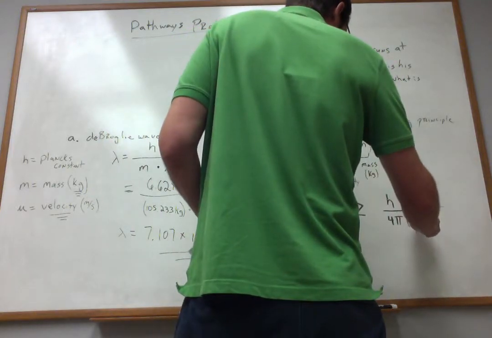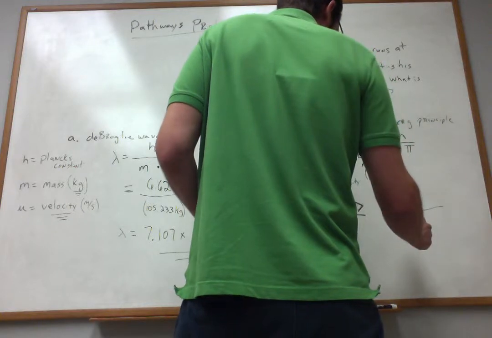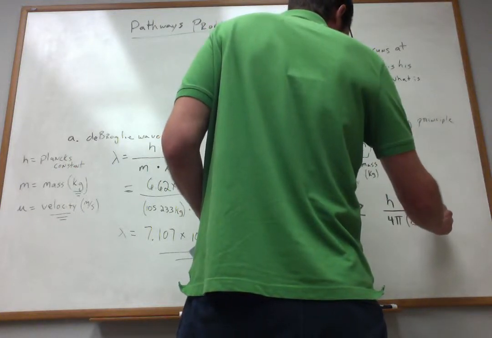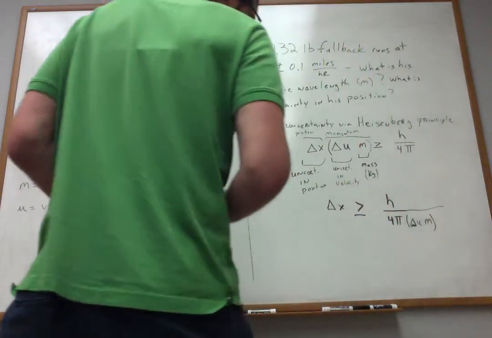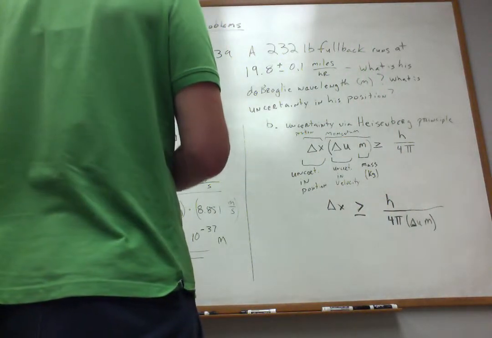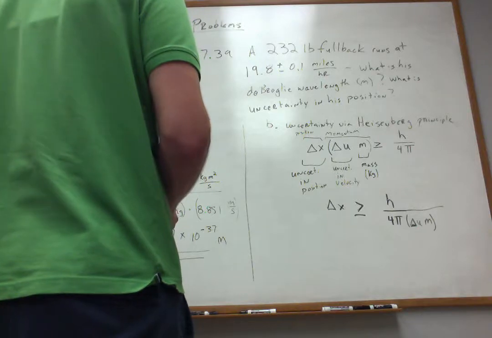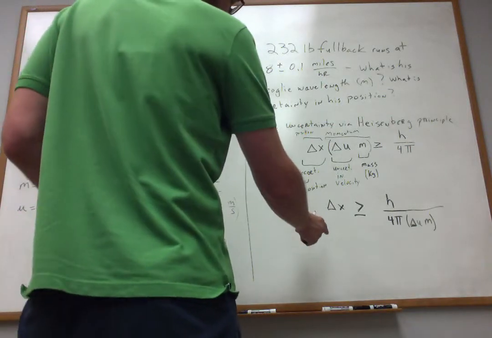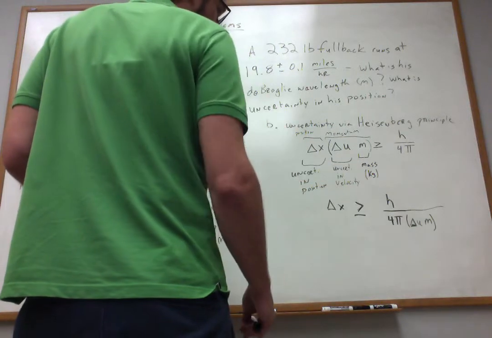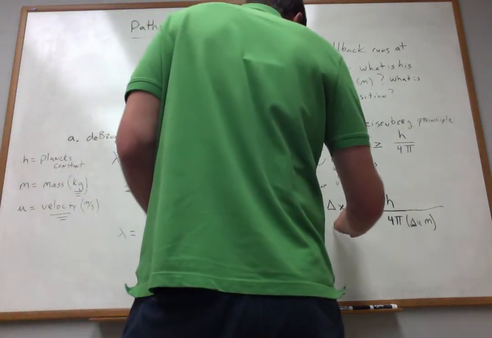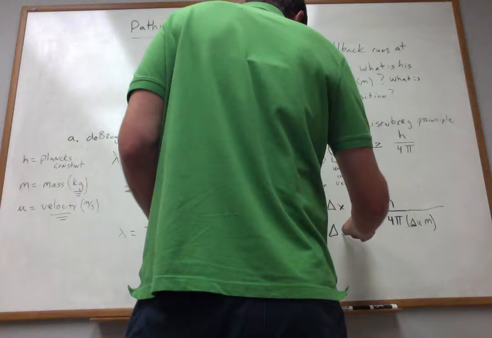But I do it on the right, and then in the denominator down here, I've got a delta u m term that I now need to contend with, okay? So I just did some algebra there to rearrange my variables first. But this allows me to solve for the uncertainty in my position now, just directly, basically, okay? And that's what I'm going to intend to do.